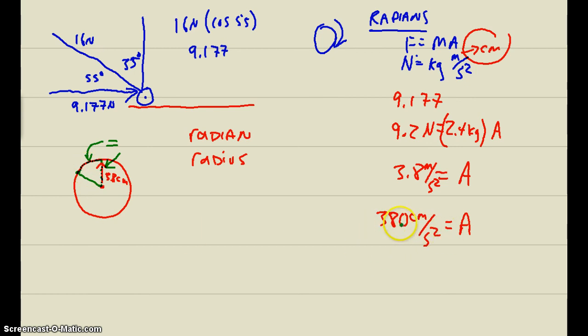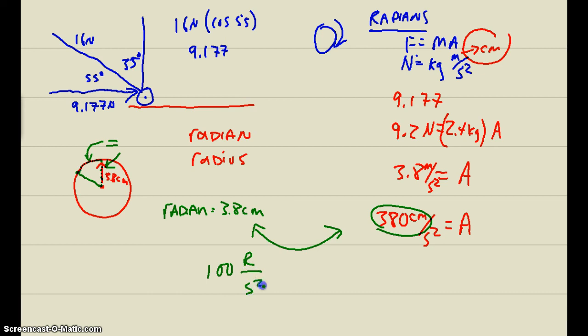Since a radian for this problem, or radius, is 3.8 centimeters, and this thing is traveling at 380 centimeters per second squared, how many radians is it traveling? All we got to do is divide 380 by 3.8 and we'll get 100. So this thing is traveling at 100 radians per second squared.